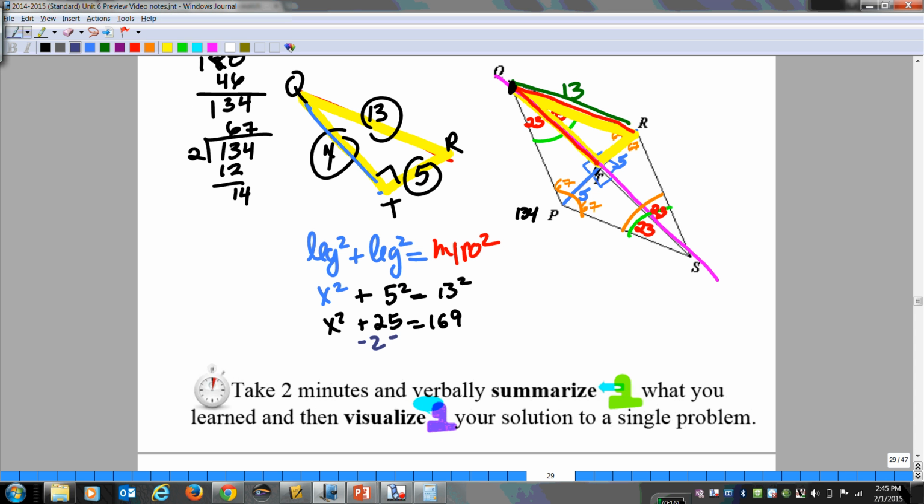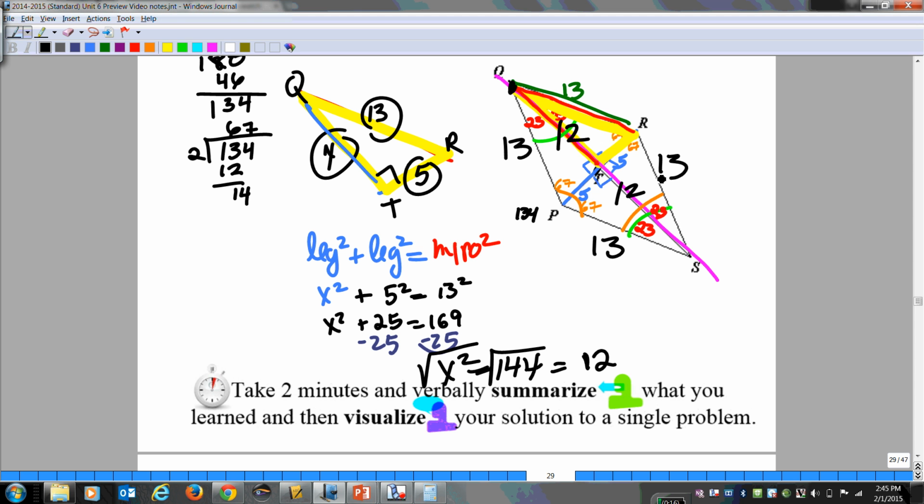We're going to minus 25 both sides. X squared equals 144, therefore x is 12. So we just found that this is 12, that's 12. Outside, all four sides are equal, so that's 13, 13, and 13 all the way around.